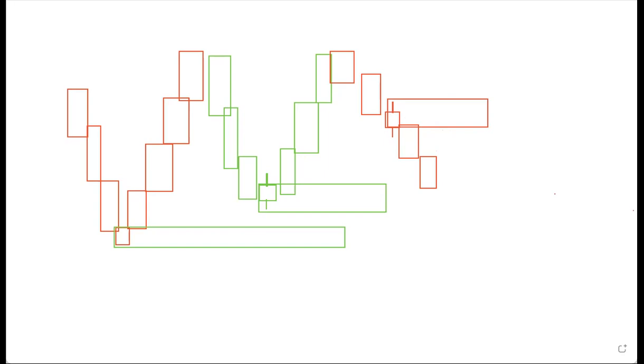It will give you higher probability trades. So now let's go and look for fresh zones and retested zones on our charts. I'm going to share the screen with you.